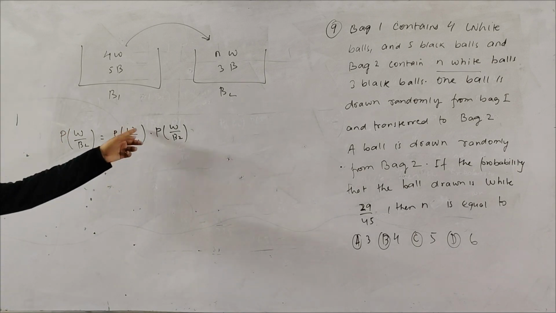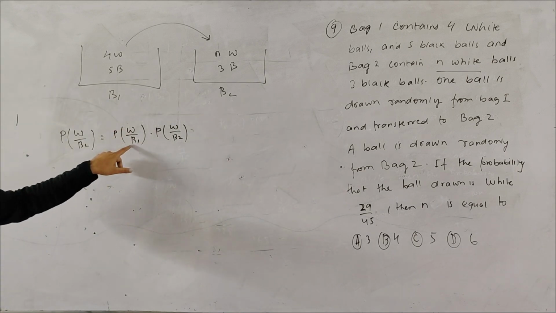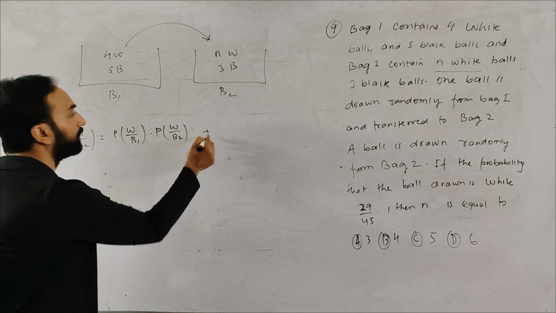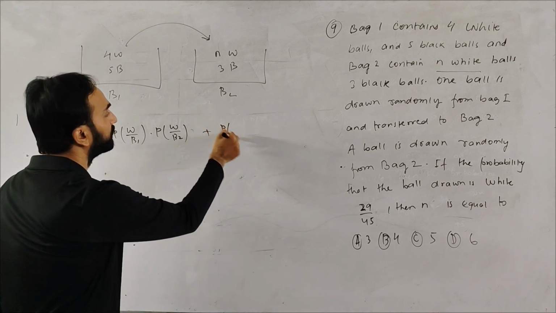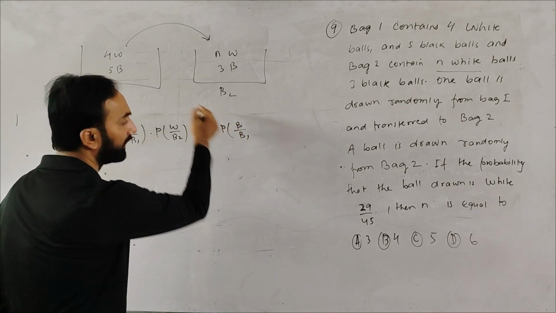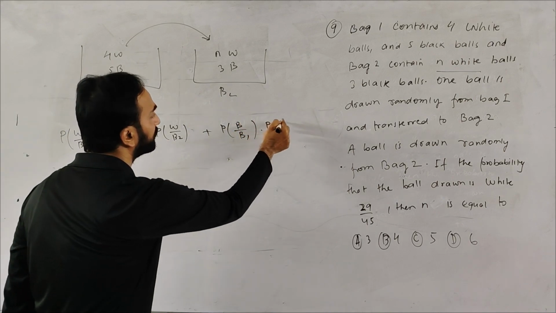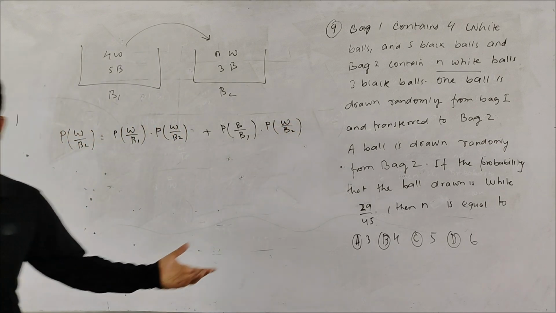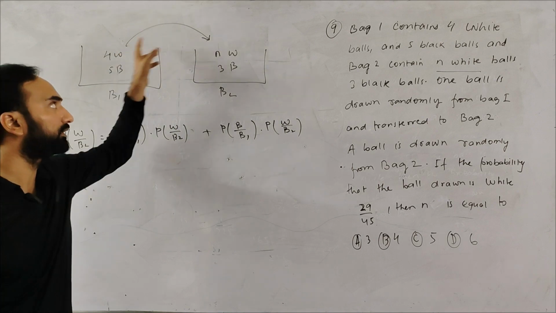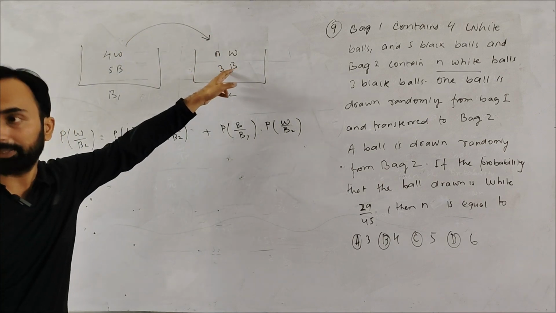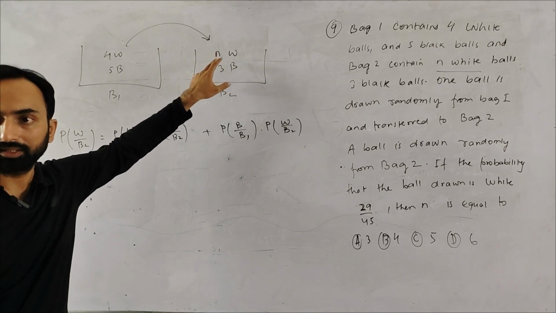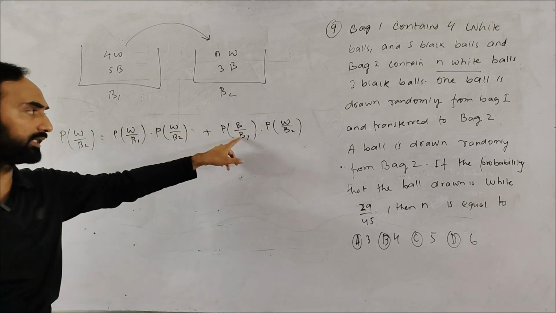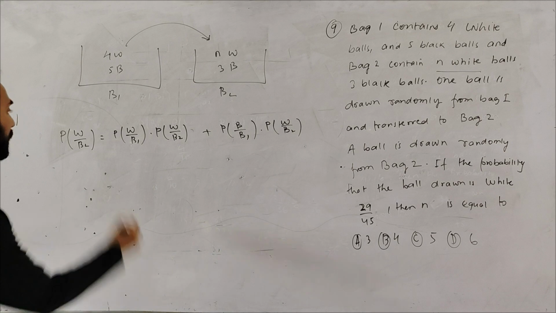This is one case. The other case is probability of black from bag 1 and probability of white from bag 2. Only two possibilities: the ball transferred from bag 1 to bag 2 is either white or black, correct?